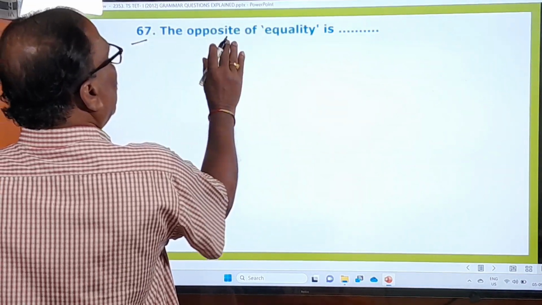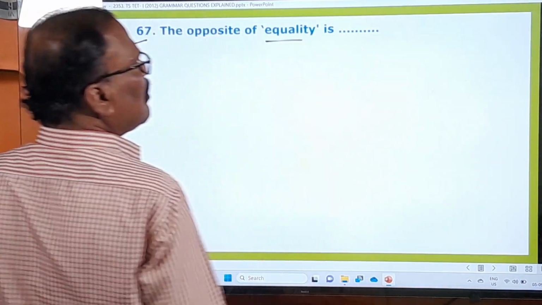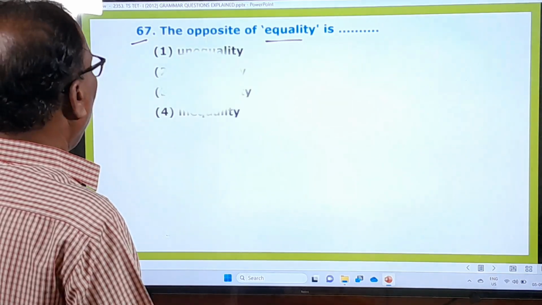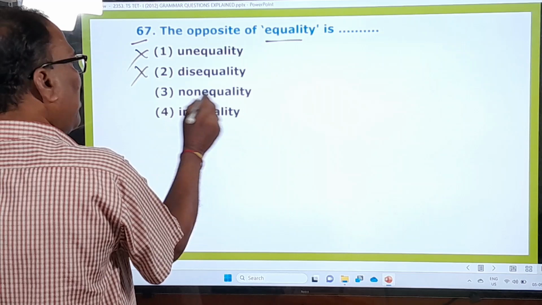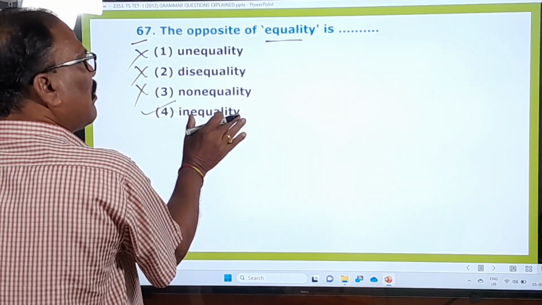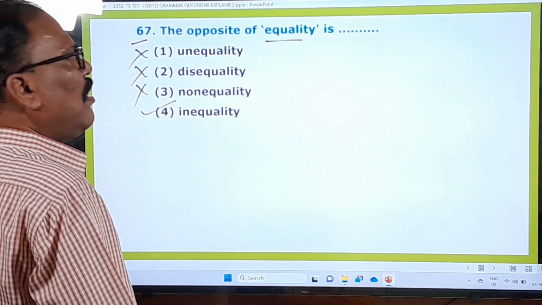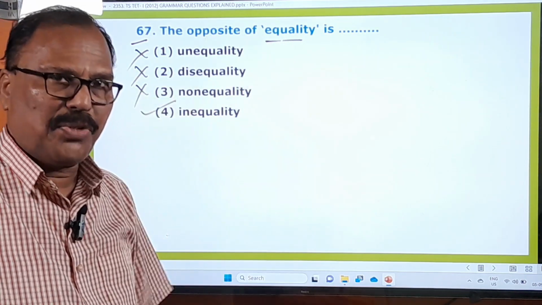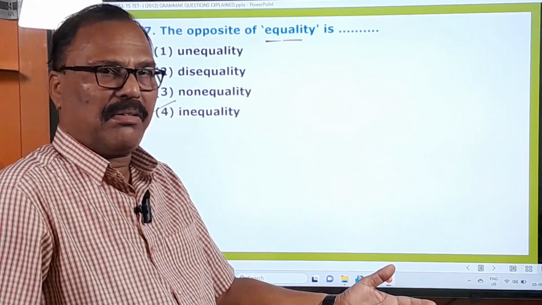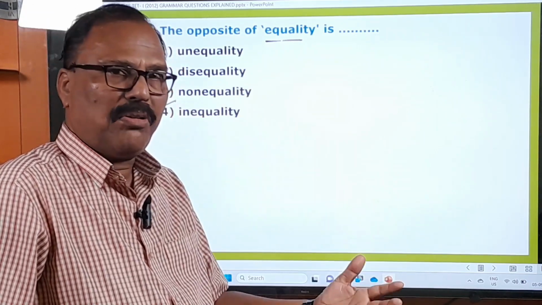67th question. What is the opposite of equality? What are the options given here? Unequality, no. Disequality, no. Non-equality, no. Inequality is the right one. All words do not take un to make the opposite word. Happy, unhappy. Comfortable, uncomfortable.